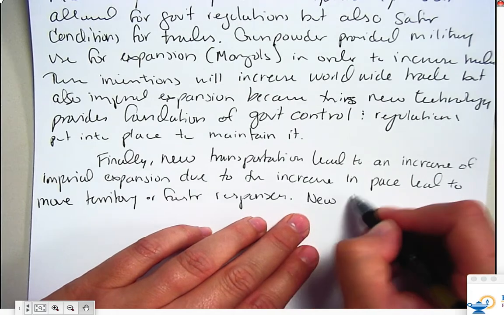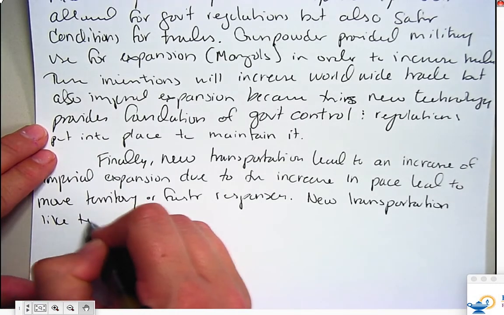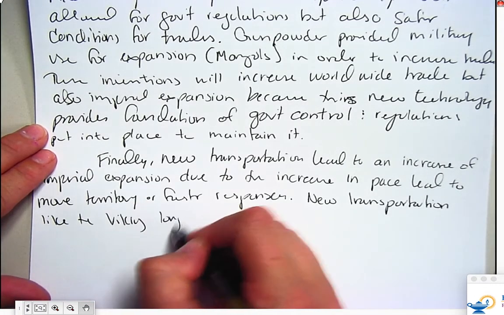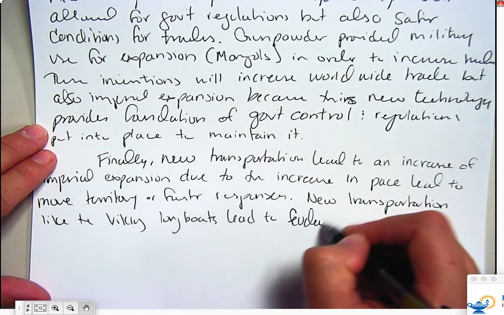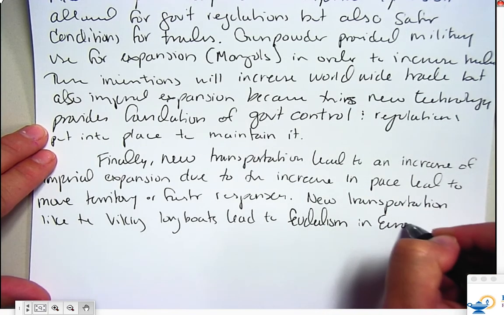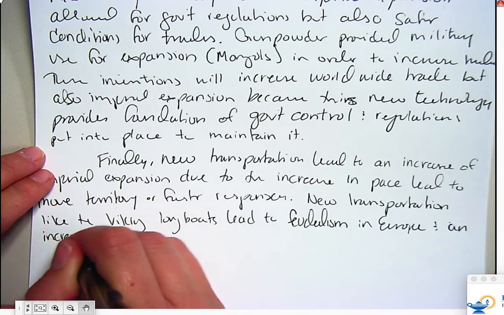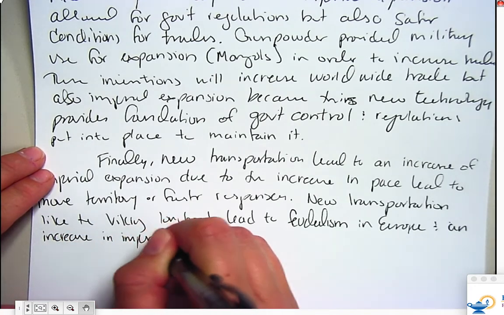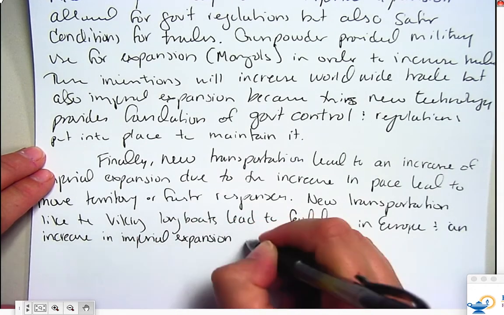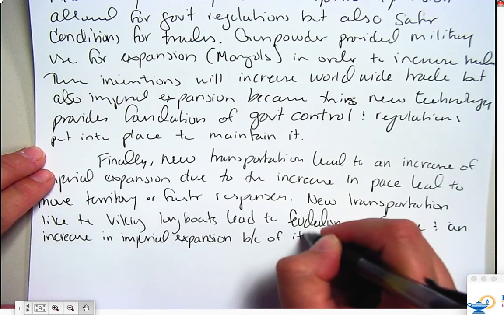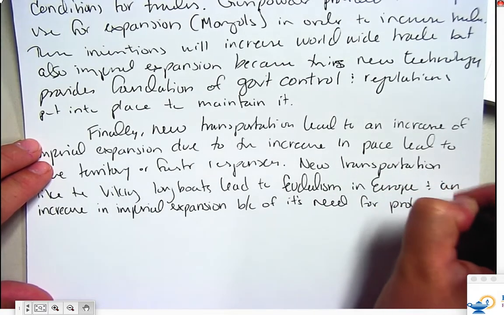New transportation like the Viking longboats led to feudalism in Europe and an increase in imperial control, and imperial expansion because of its need for protection in exchange for goods.